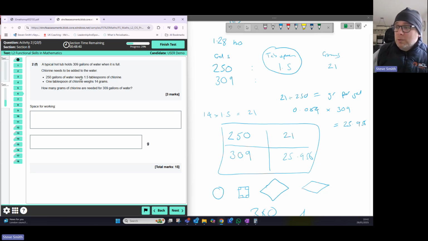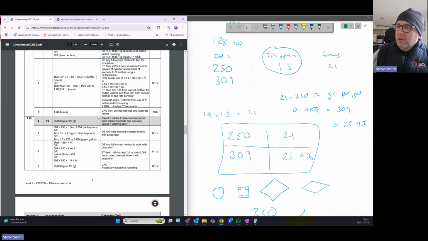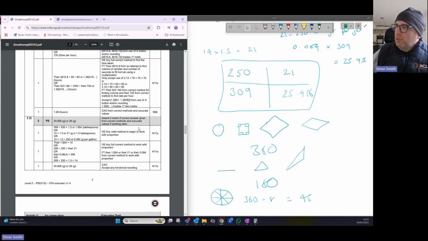My brain thinks, oh yeah, tablespoon. So 1 tablespoon is 14 grams, so it must be 14 grams. But don't forget, that's where we had to work out 14 grams times 1.5 to start with. So we worked out how much 250 gallons needed in grams, not tablespoons. That was our answer anyway, the same as what they had. We had the more detailed answer.